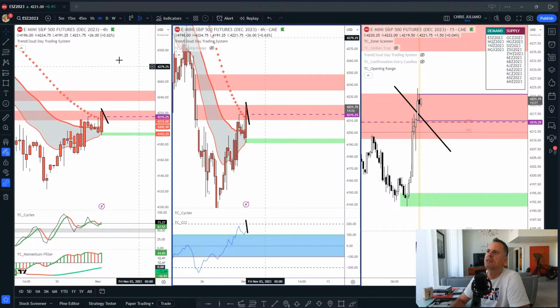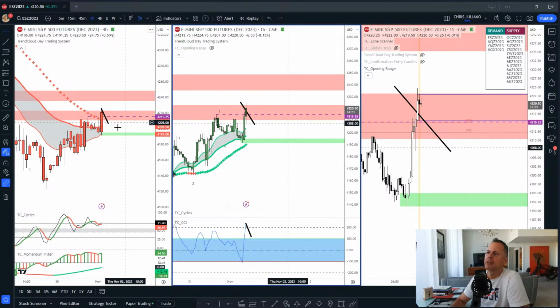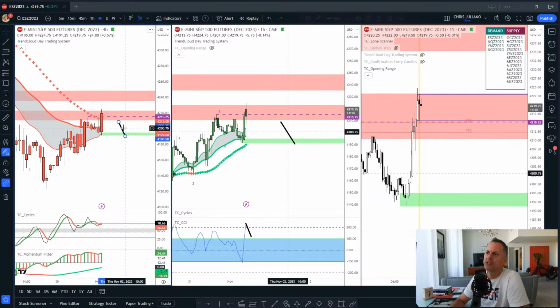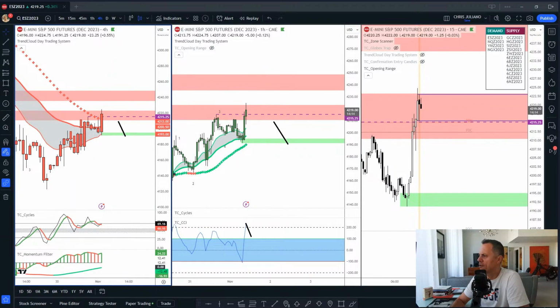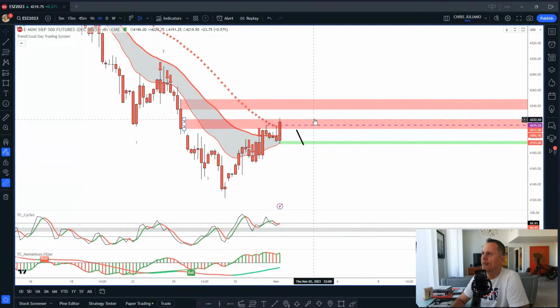So this candle's going to close. Listen up. We really want this 4-hour candle to close up here above this red box. We want this thing to stay above the 50 for sure.